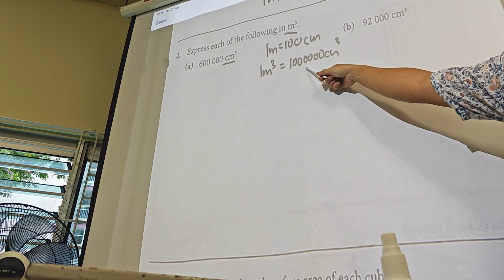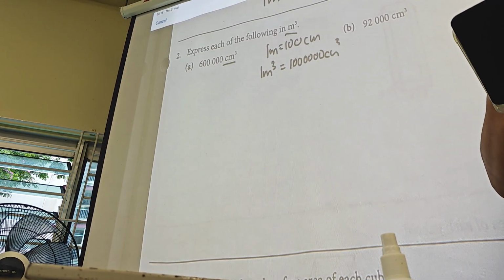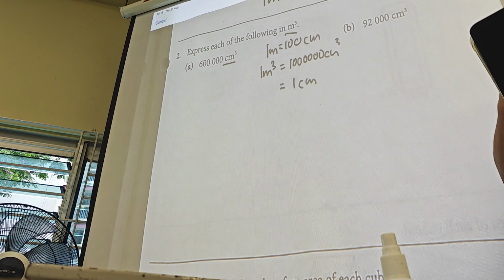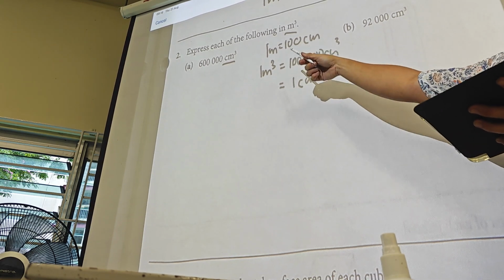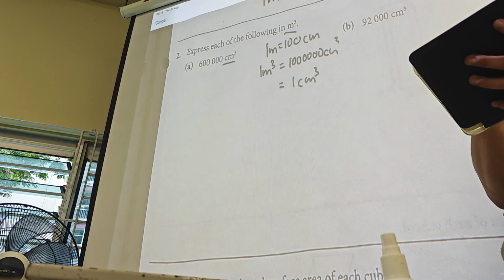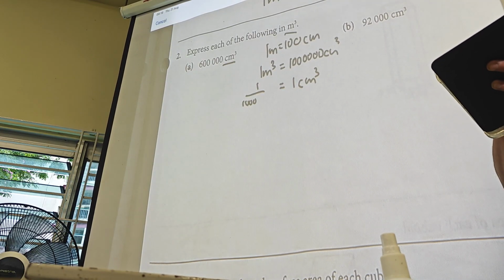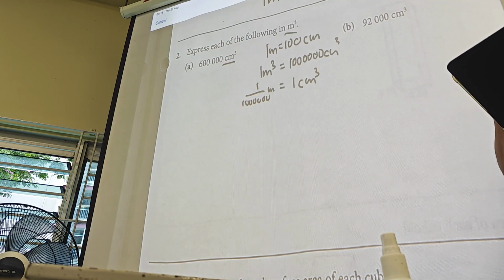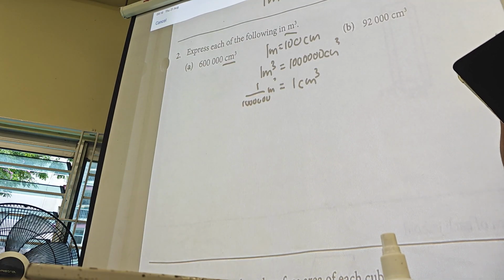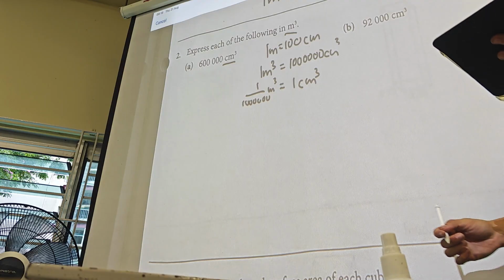So from 1 million, how do I get 600,000? You can go back to your ratio. 1 million is hard to convert to 600,000, never mind, I divide both sides first. So every 1 cm cube is 1 over 1 million meter cube.